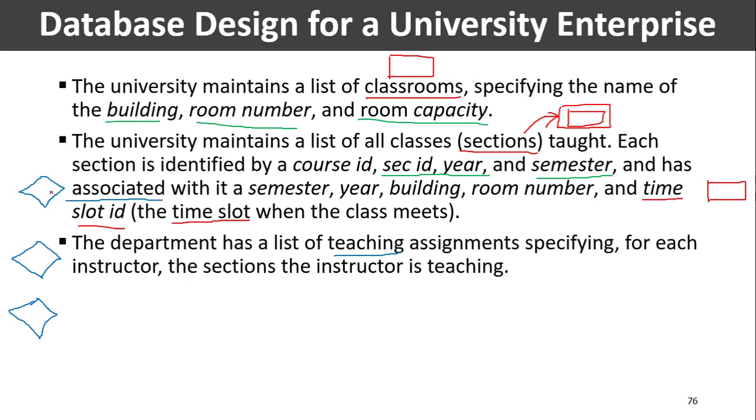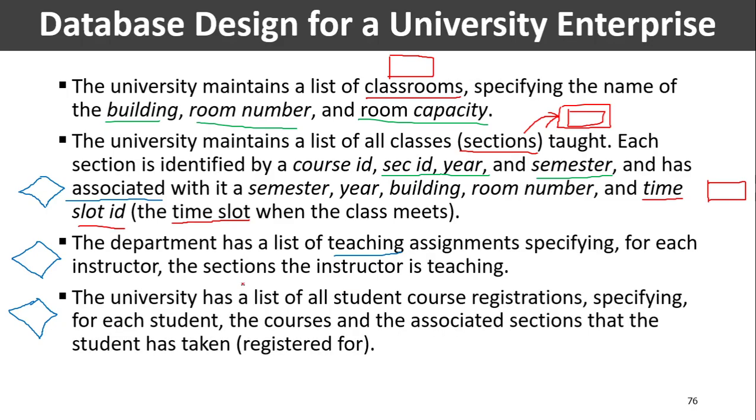Now further, it is mentioned that the department has a list of teaching assignments specifying for each instructor the sections the instructor is teaching. So instructor is associated with the task of teaching the sections. So we may identify here the relationship between instructor and section.